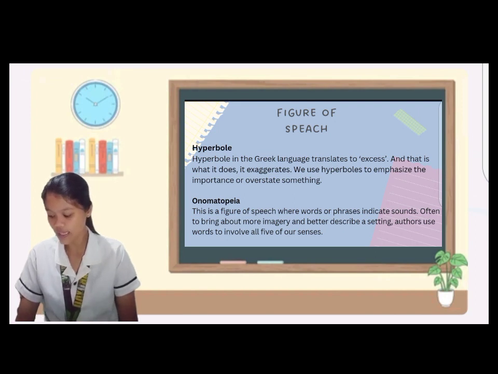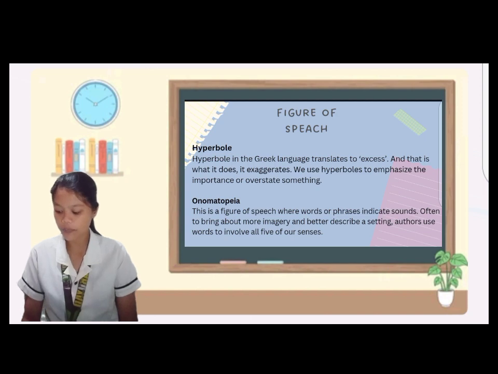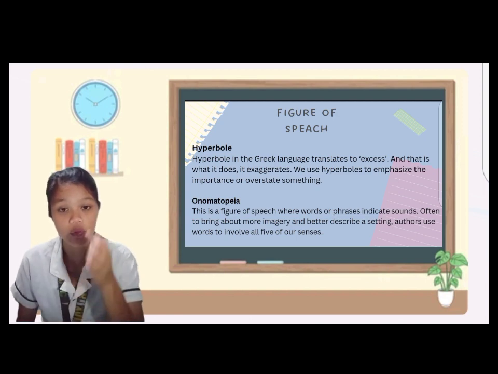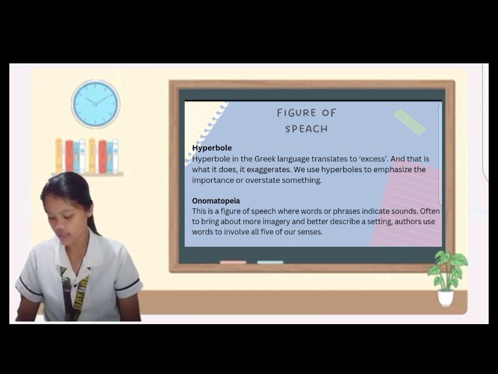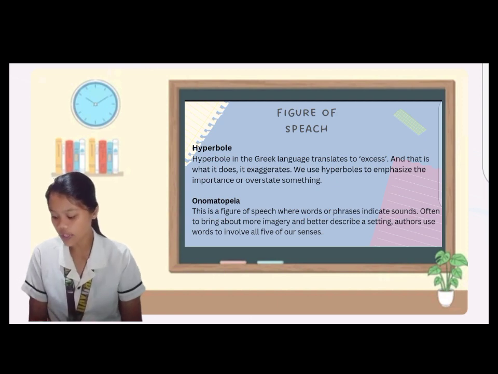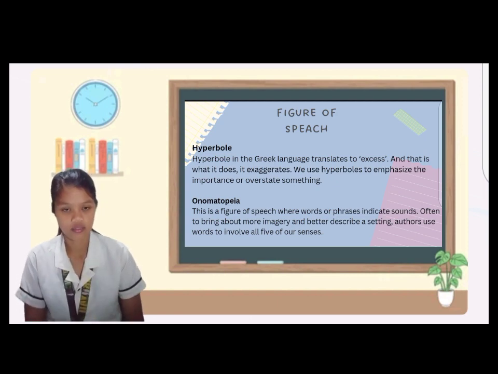So hyperbole, in the Greek language, translates to excess, and that is what it does. We use hyperbole to emphasize the importance of or overstate something. So for example, his grandfather is older than the hills.